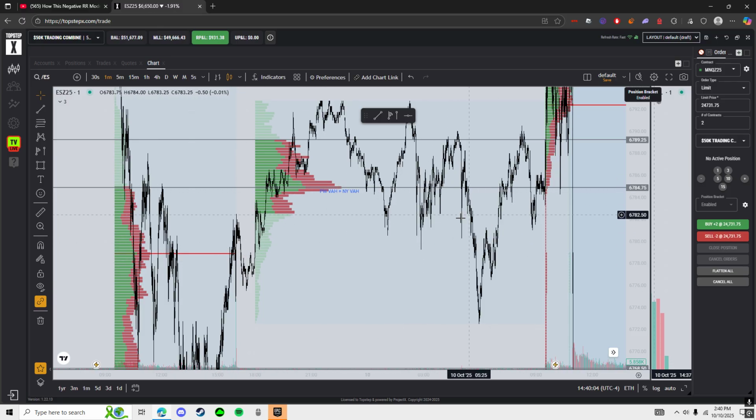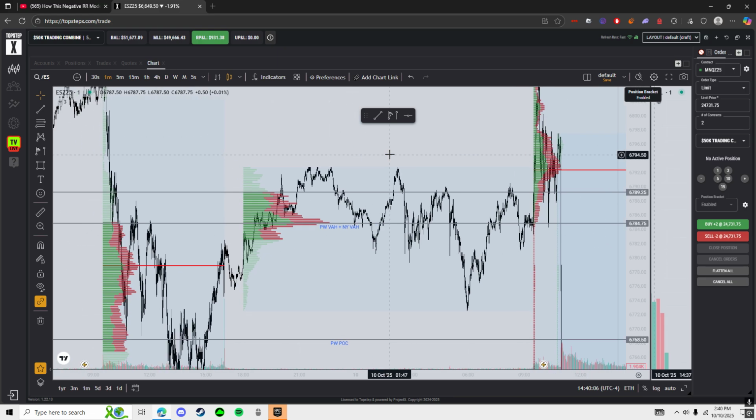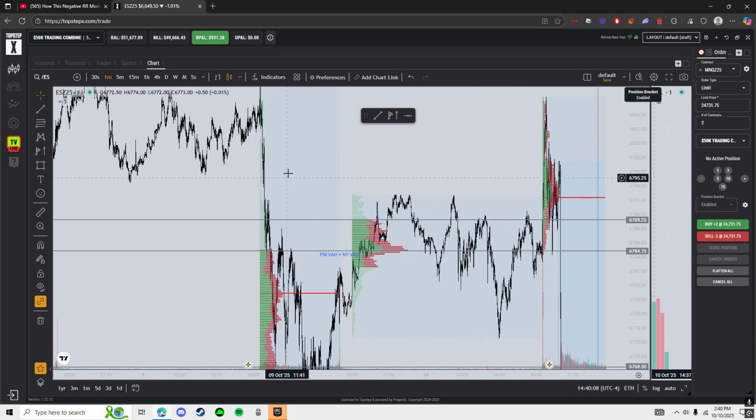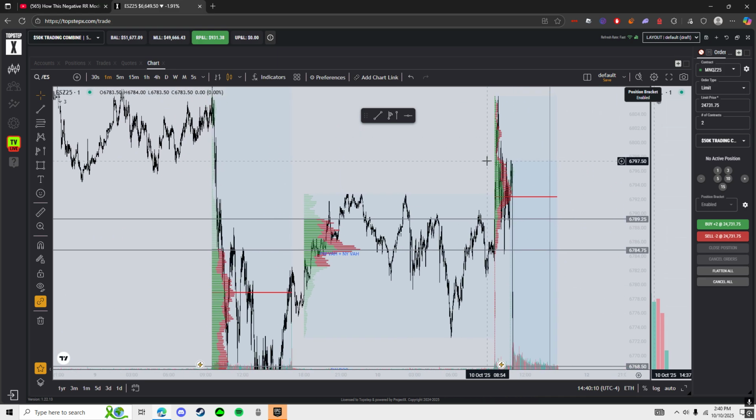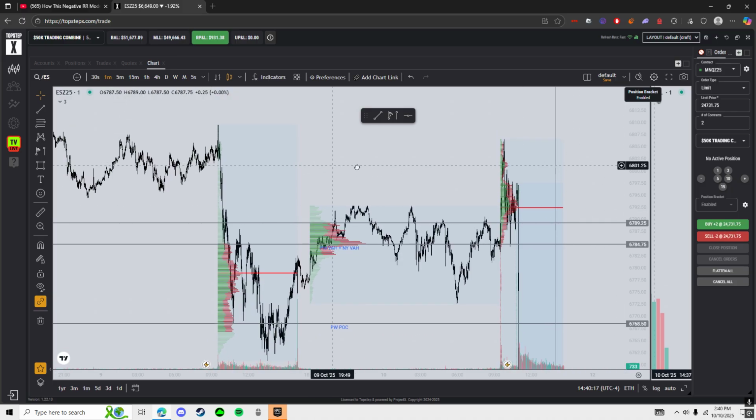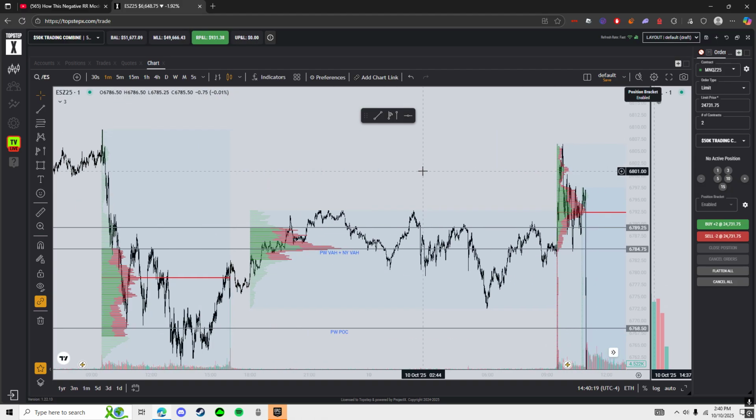So all four of those things are defending me, along with the fact that if we make a move to the upside, it's not going to fail because there's low liquidity and there's not many aggressive sellers or activity at this area.